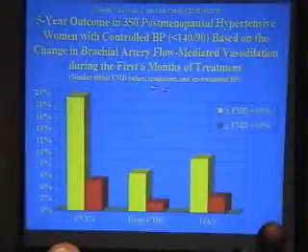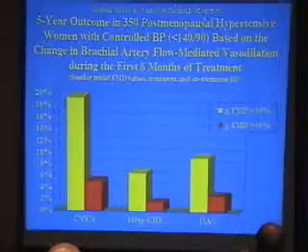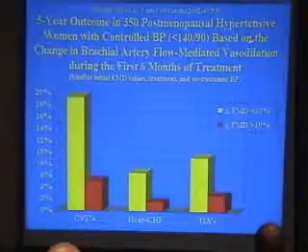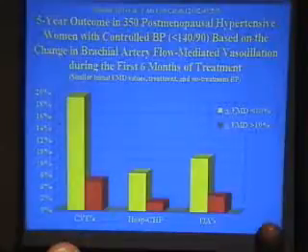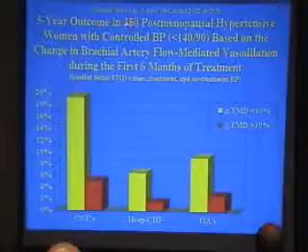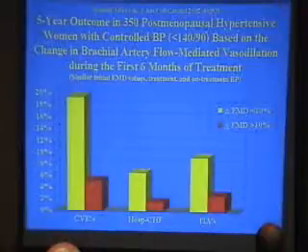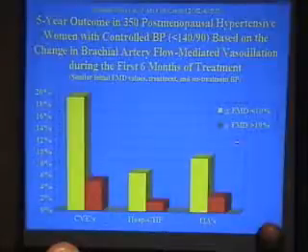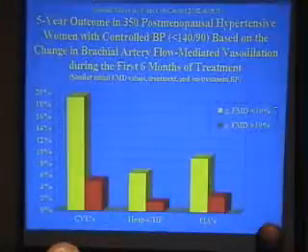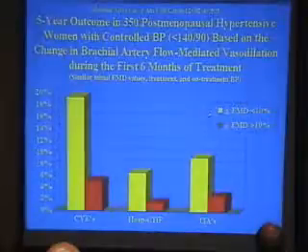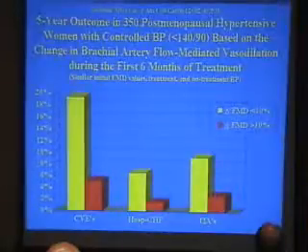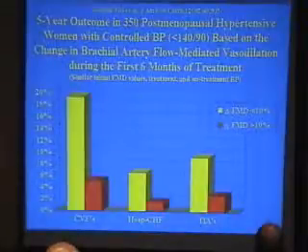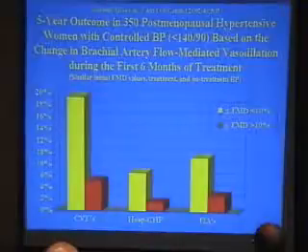Now, here is a more challenging study published a couple of years ago. This is a study of 350 postmenopausal hypertensive women who were treated with an array of antihypertensives. The group started at the same blood pressure, a hypertensive level. They were all successfully treated, and they were then categorized into those who had less than or more than 10% improvement in flow-mediated dilation, despite the fact that these two groups of women had identical blood pressures on treatment.